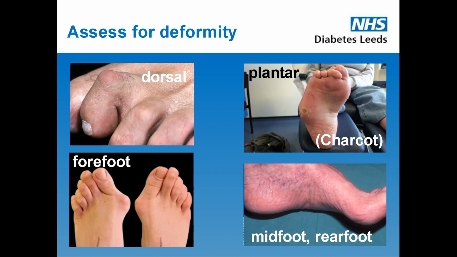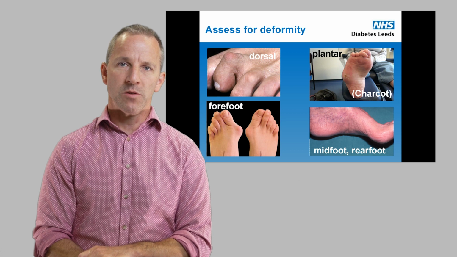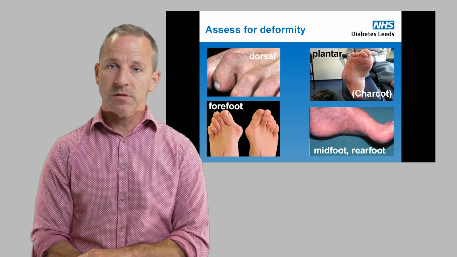When we're looking at deformity across diabetic feet, this is not actually caused by diabetes as such. This can occur in other patients without diabetes. However, there are some significant changes that we look for that can cause ulceration or put people at risk of ulceration. These can be clawing of the toes, bunions or hallux abducto valgus deformities.